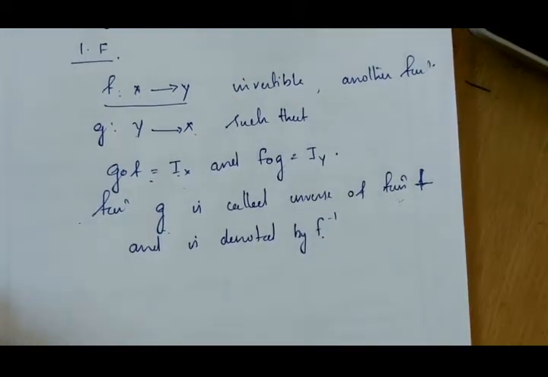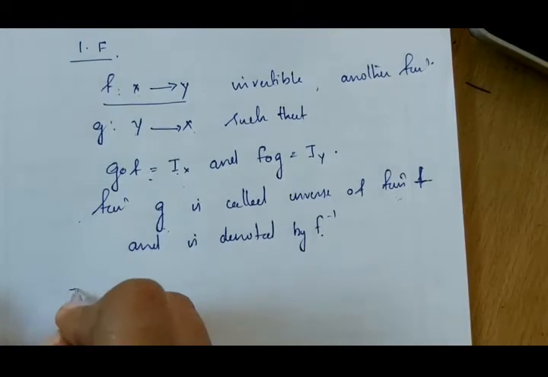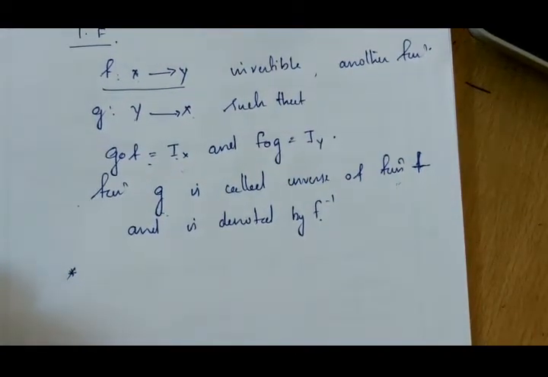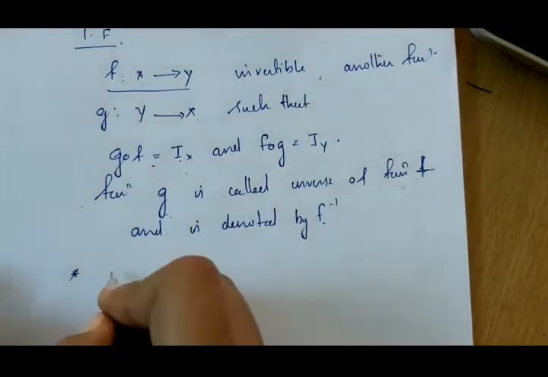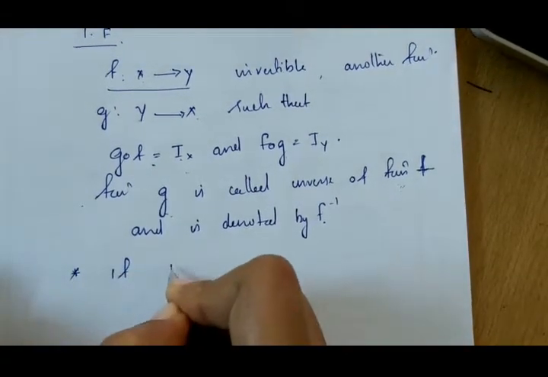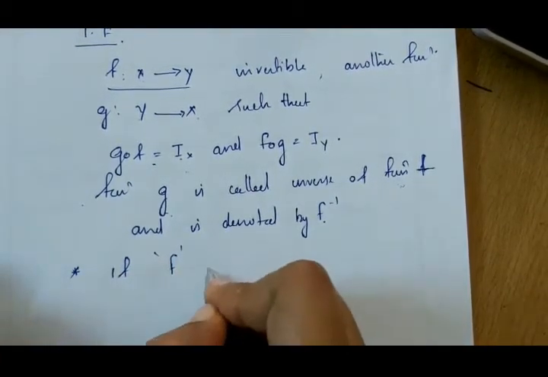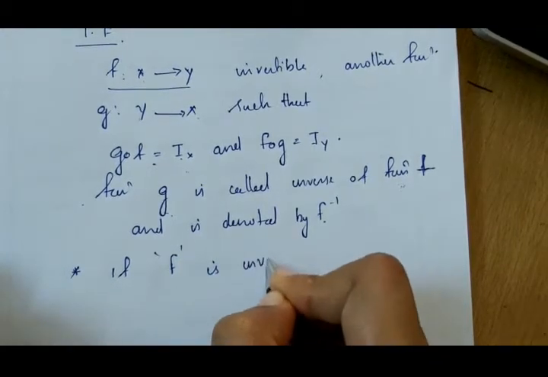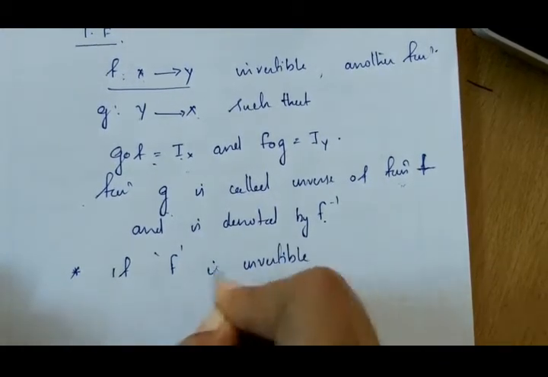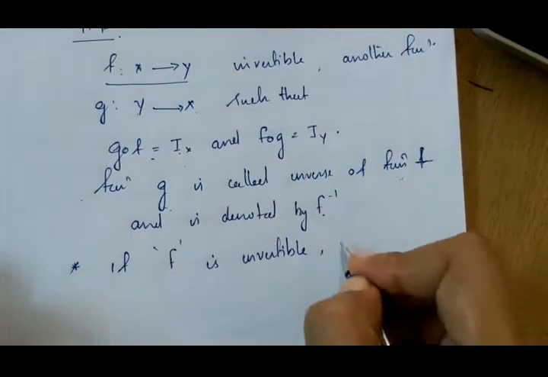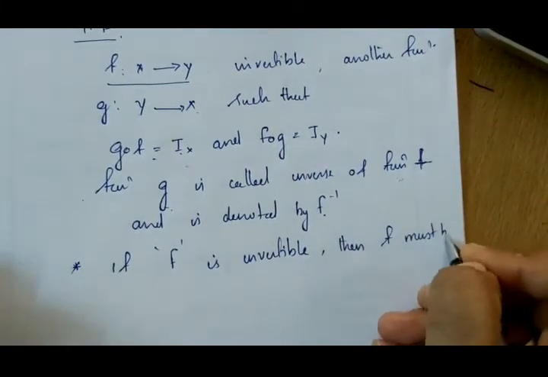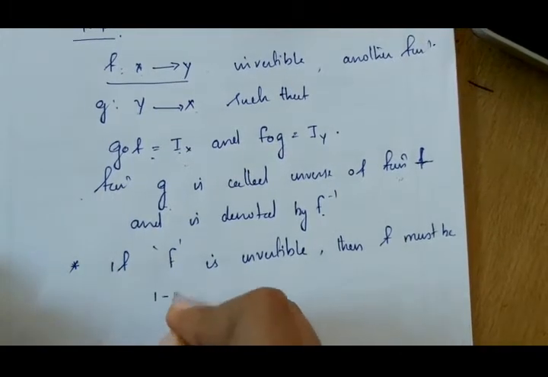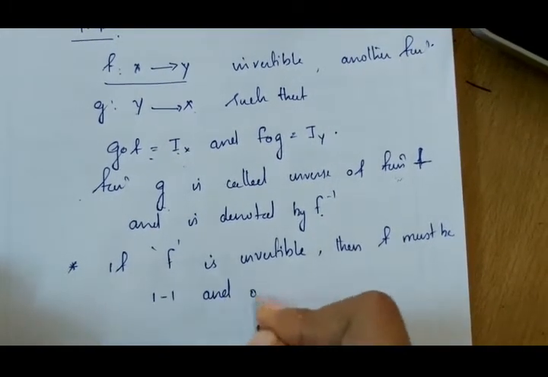Then what are the conditions to be followed if there is an inverse of a function existing? If f is invertible, then f must be 1 to 1 and onto.